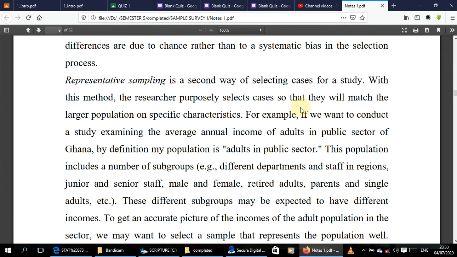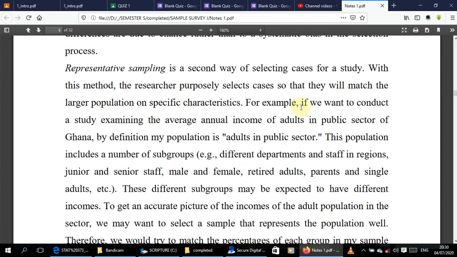For example, if you want to conduct a study examining the average annual income of adults in the public sector of Ghana, by definition my population is adults in the public sector. This population includes a number of subgroups: different departments and staff in regions, junior and senior staff, male and female, married adults and single adults. So these different groups may be expected to have different incomes.